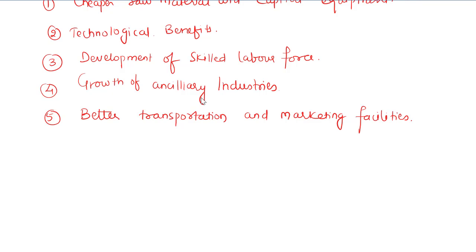We can say that the transportation and marketing network develops to a greater extent, and because of this the cost of production for the firms can be reduced. The communication system, with innovative communication channels, may get modernized, which will result in quick and effective flow of information. So this will definitely help the industry.